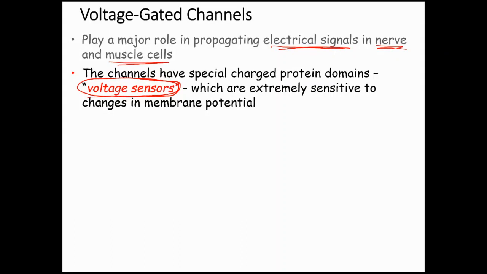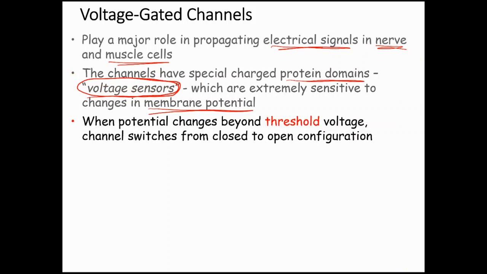It's a special protein domain, because remember, these proteins that make up channels could be multi-pass proteins that have different protein areas. And so there has to be a specially charged protein domain which is sensitive to a change in the membrane potential of the membrane that it's in.